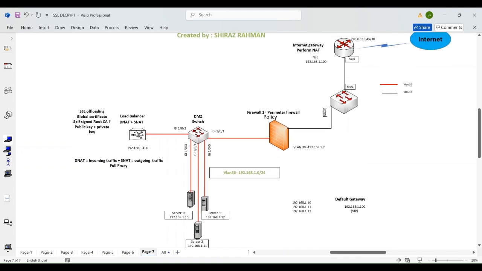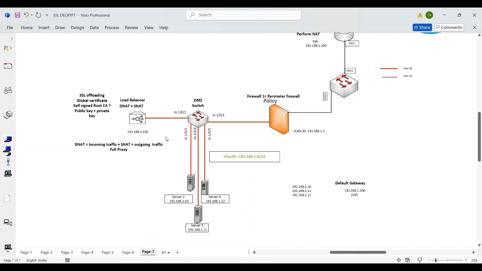So what it will do, it will change the destination from 1.100 to 1.11, that is known as DNAT, while the return traffic is going through the load balancer only. You can see the default gateway is configured as 1.100, as a VIP, right?